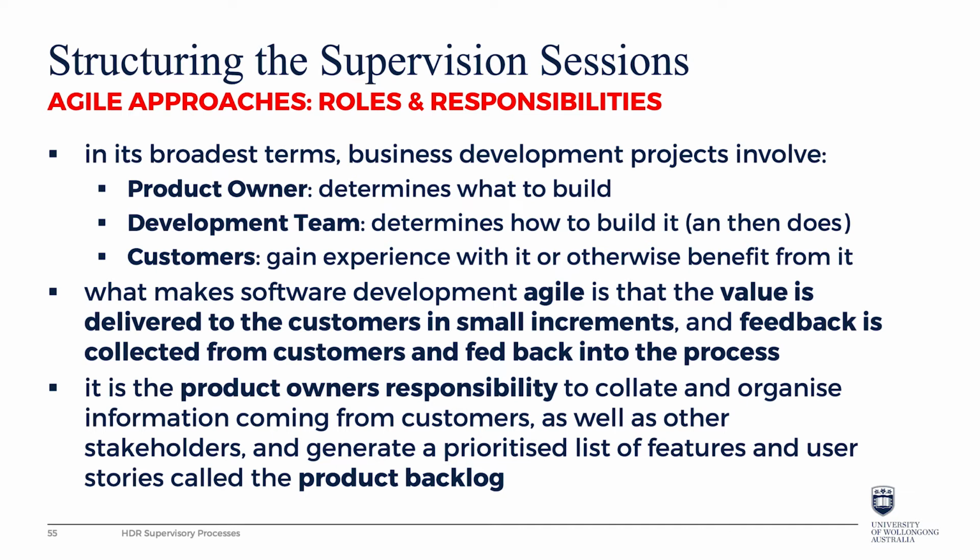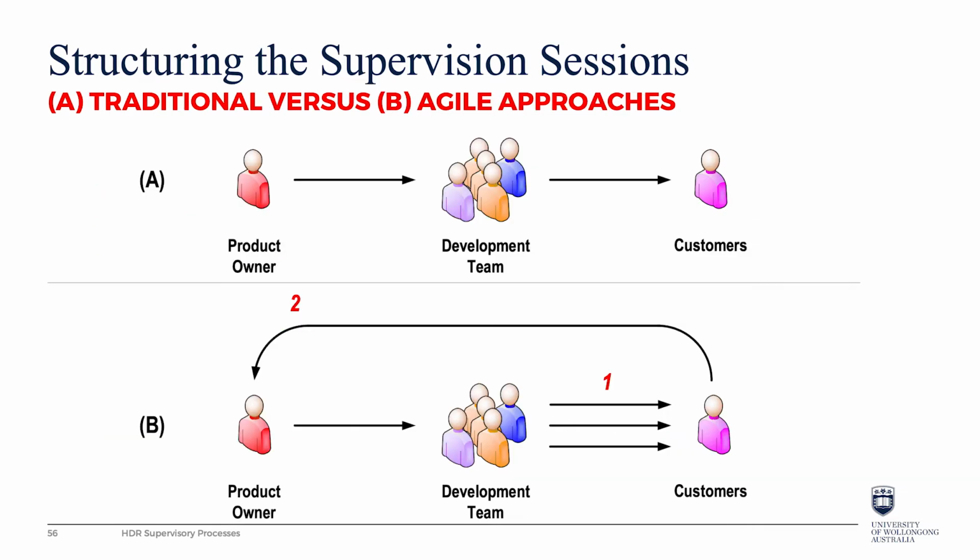We can just do a mapping between these roles and those that we find in HDR supervision. And from this perspective, the development of the dissertation, the written aspects of the thesis, the document, if you like, can be considered as a set of features. We've got theoretical features, methodological features, and so on. And these are organised into a product backlog, things that we need to have.